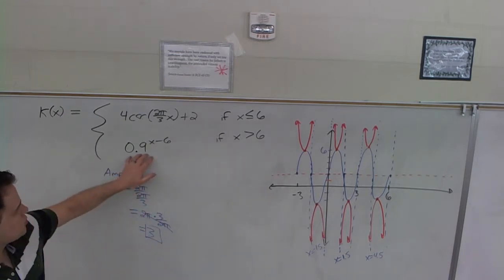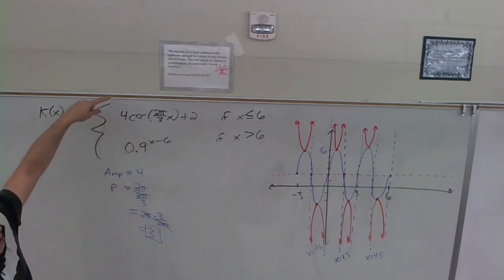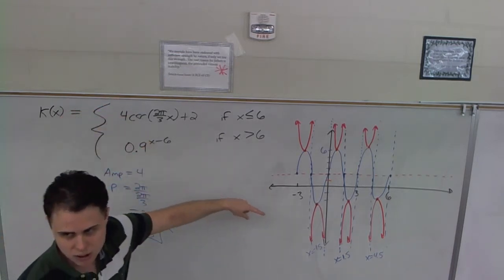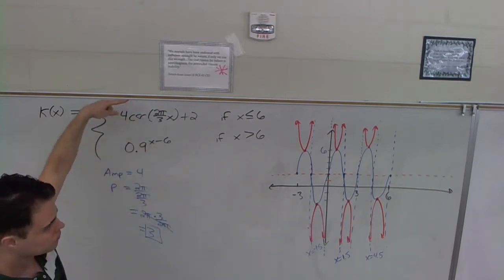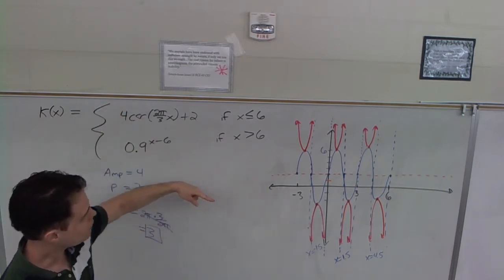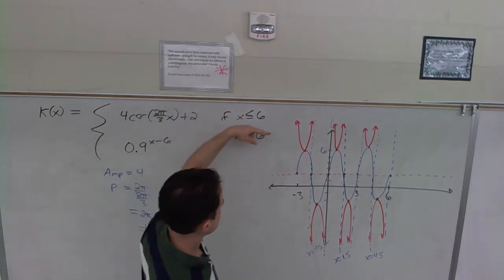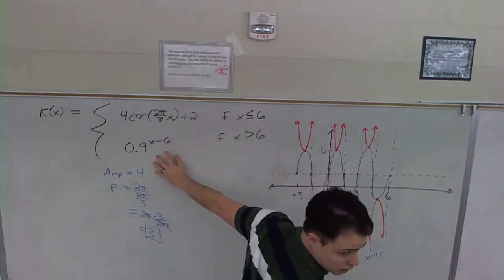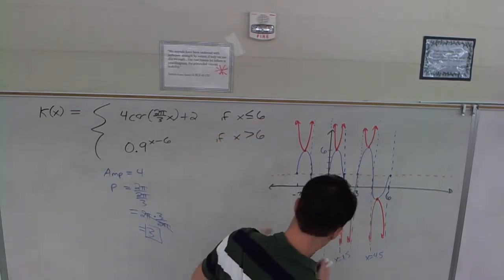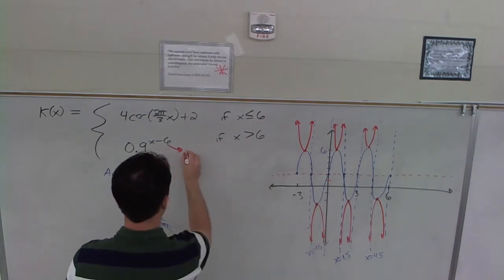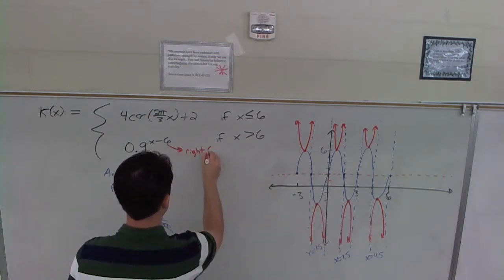So this guy is an exponential decay function, so that means it's going to have a shape that looks like a decaying curve. When it decay curves, unless you shift it up or down, which this one's not, right? We said it was just shifted. I guess we could write it down right here. Right 6.